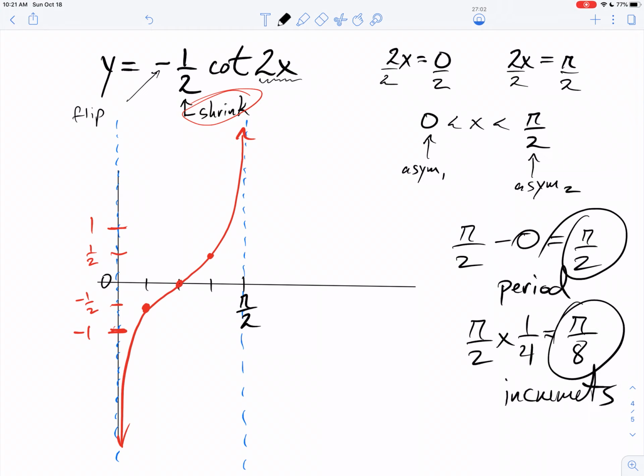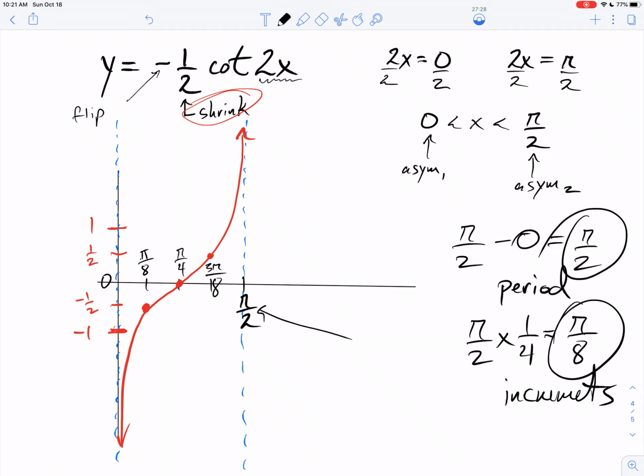And I'm counting by eighths. So this one would have been pi eighths. Then 2 pi eighths, which is just pi over 4. Then 3 pi eighths. And then 4 pi eighths, which reduces to pi over 2. All my stuff's knocked out now.